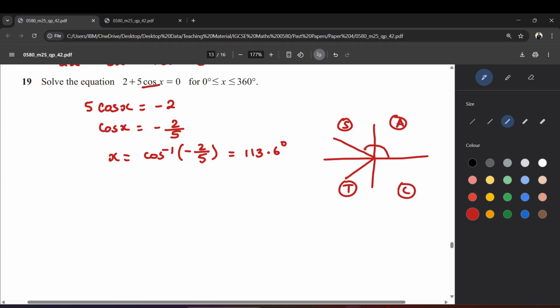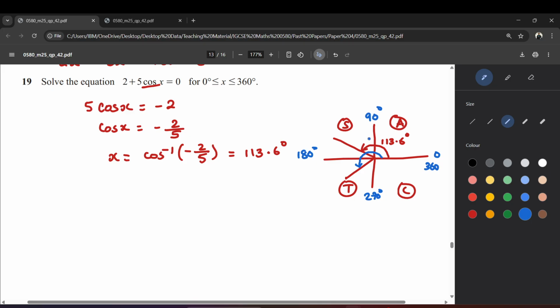So one of the angles will be 113.6 that we have found. The second angle is going to start from here all the way until this part. Now we know that this is 0, this is 90 degrees, this is 180 degrees, this is 270 degrees, and this is 360. The angle always goes in the anti-clockwise direction.